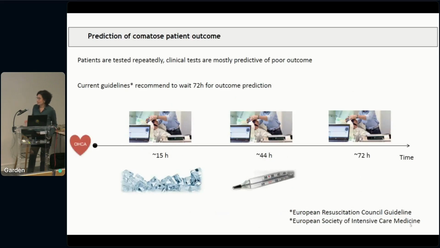The state of the art is that the clinical assessments are mostly tailored to predict patients that will not recover. This is based on many assessments repeated over 3 days after the coma onset, after which, according to the current guidelines, the withdrawal of life-sustaining therapy can be performed if patients have low chances of recovery. On the first day, these patients are typically treated with what is called targeted temperature management.